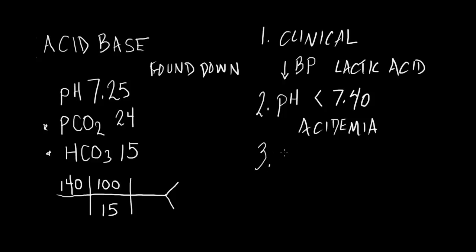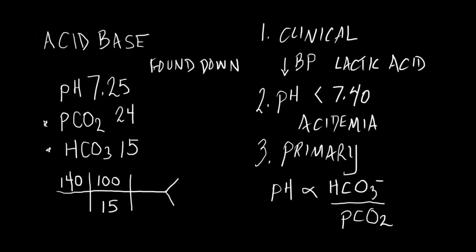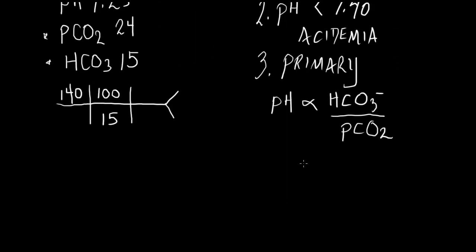The next step is looking at the primary acid-base problem. And the way we do this is we look at the relationship between the pH, the bicarb relative to the PCO2. Let's give ourselves a little bit of room here. In this particular case, we know our pH is low.